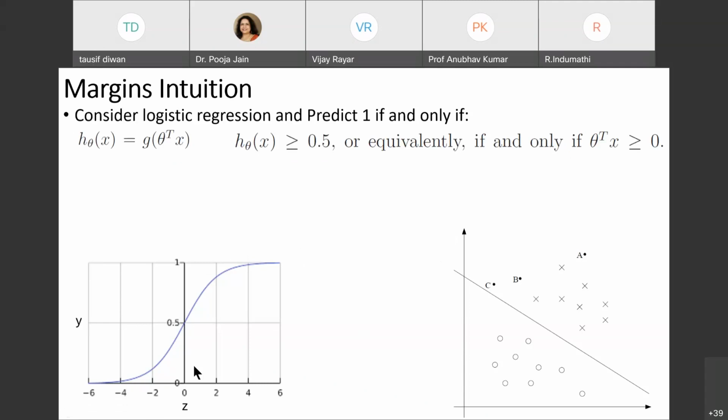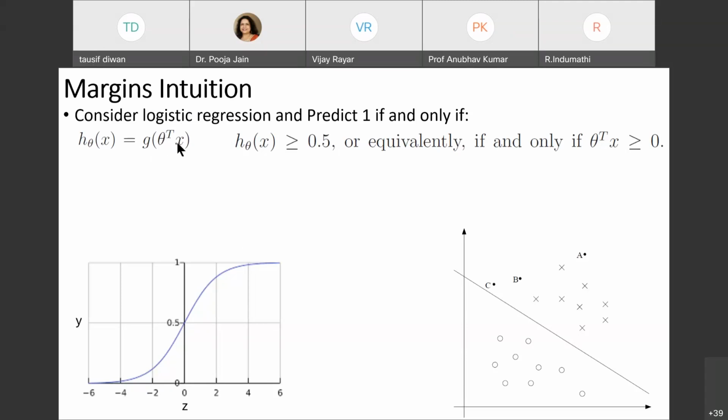Now just look at this. In logistic regression, what we do is simply perform this operation, theta transpose x. On this theta transpose x, we apply the sigmoid function. Okay, the formula of sigmoid is 1 upon 1 plus exponent of minus this entire expression, theta transpose x.